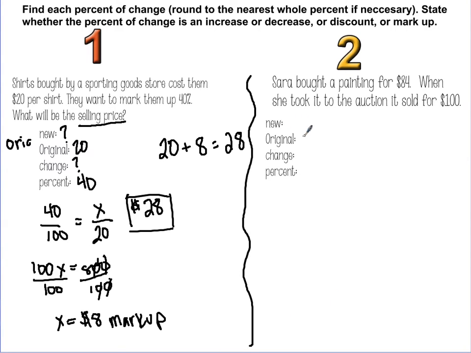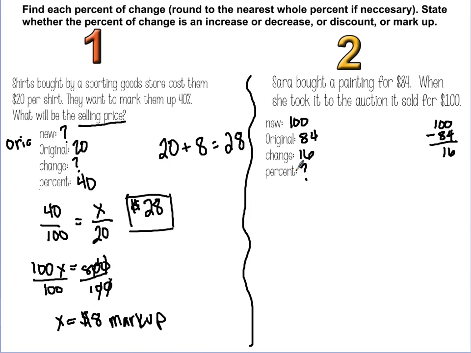Okay, so the original was $84. She sold it for $100. That was the new. You don't know the change and you don't know the percent, but you can find the change by doing 100 minus 84, which is 16. Now you have to find the percent.